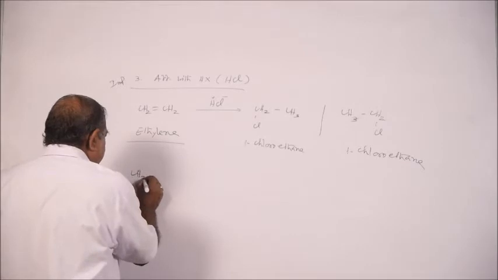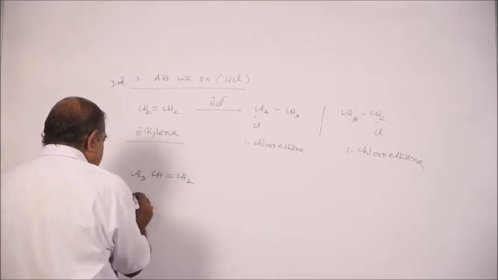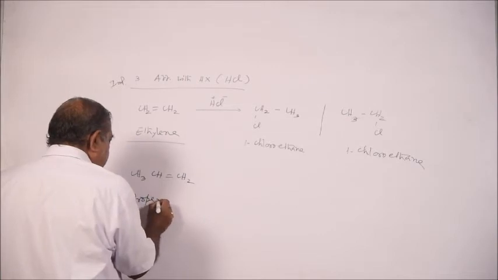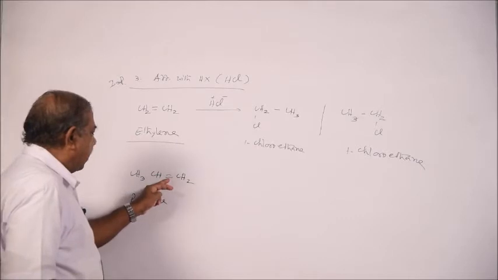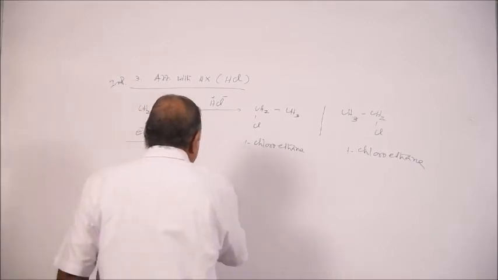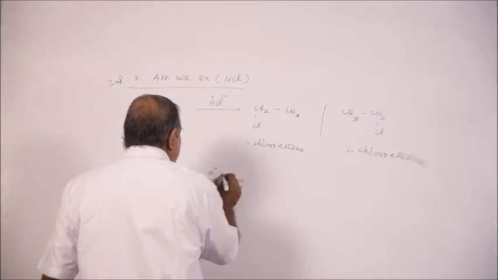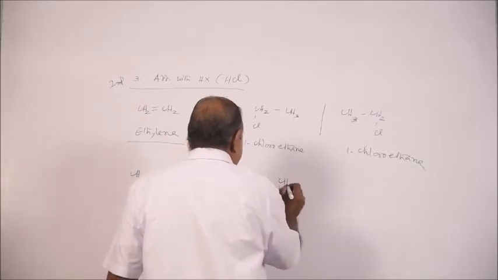But if you are taking propene, which is an unsymmetrical molecule, unsymmetrical meaning the carbon atoms having the double bond possess an unequal number of hydrogens. When we add hydrogen chloride, there can be 2 possible products.